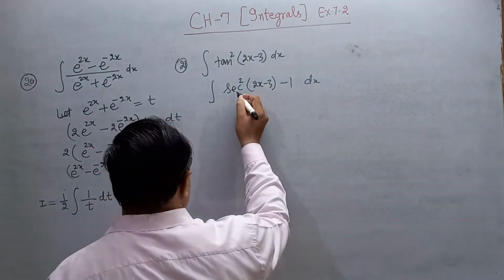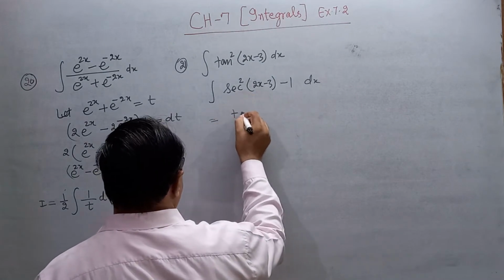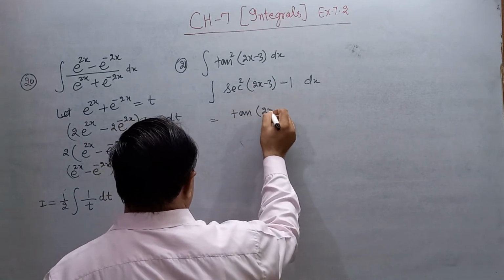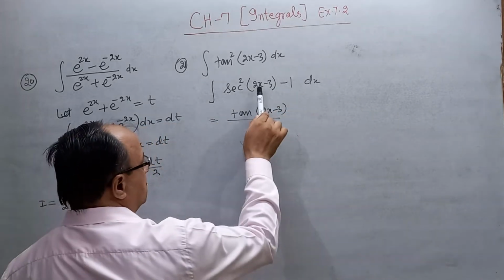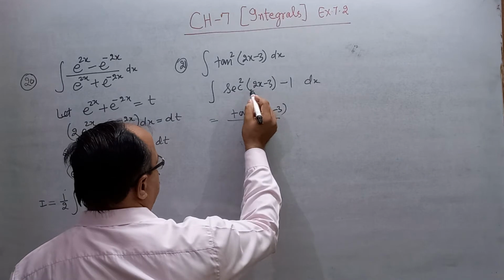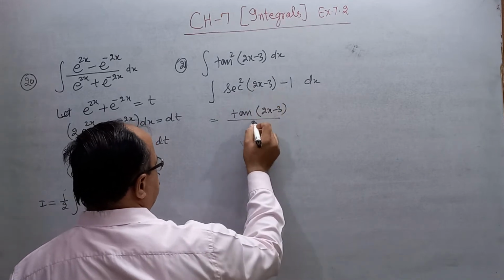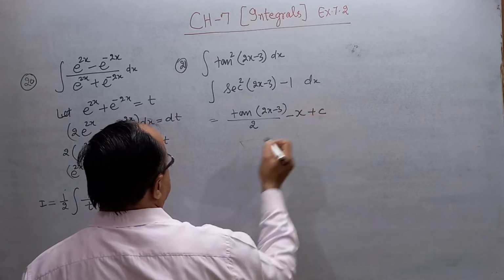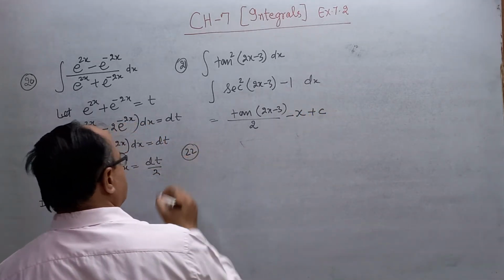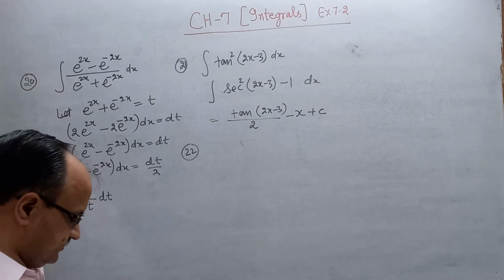Therefore the integration of sec square x, you know, the direct formula, is tan x. So here tan (2x minus 3), divided by the derivative of the angle in the denominator. The derivative of 2x minus 3 is 2, and the integration of 1, you know very well. This is question number 21.